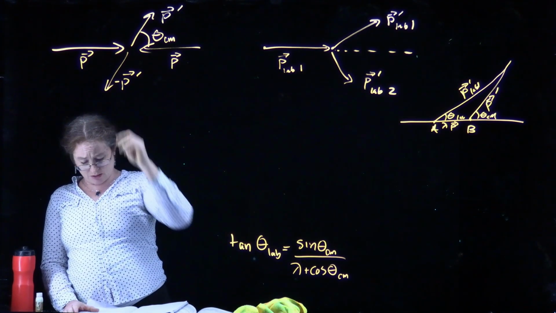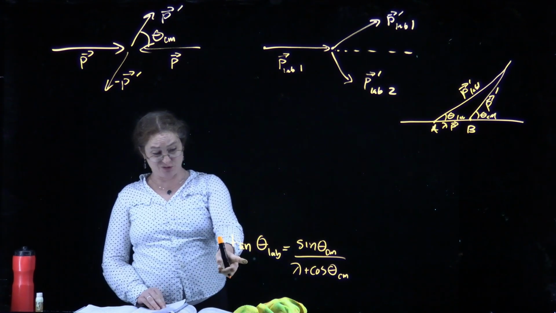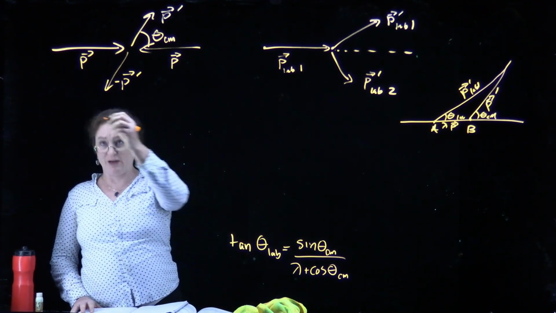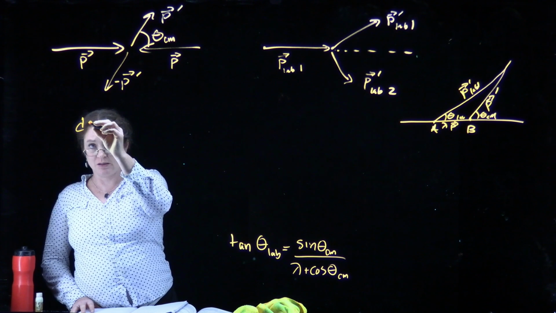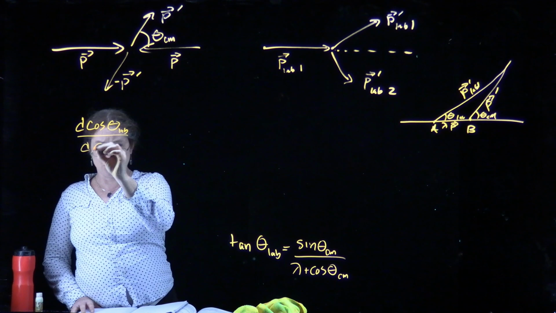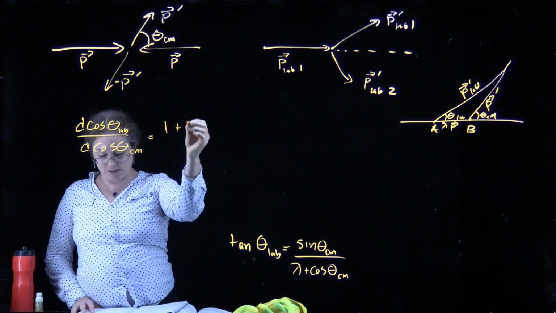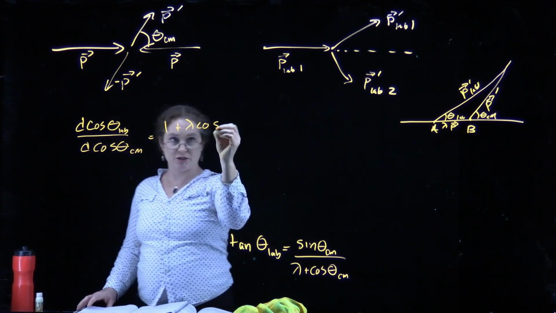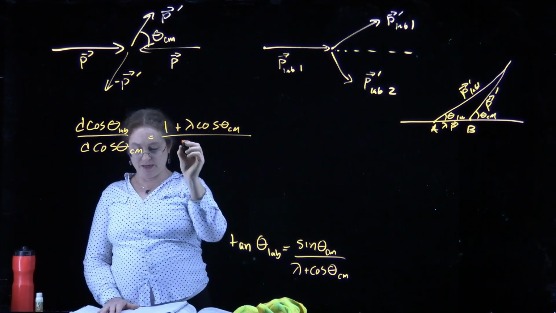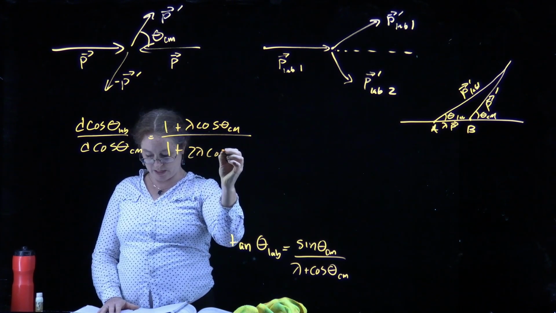You can take this result relating the angle in the lab to the angle in the center of mass frame and get d cosine theta lab, d cosine theta center of mass, which is an ugly expression. And this is, in fact, what goes into your cross-section equation.